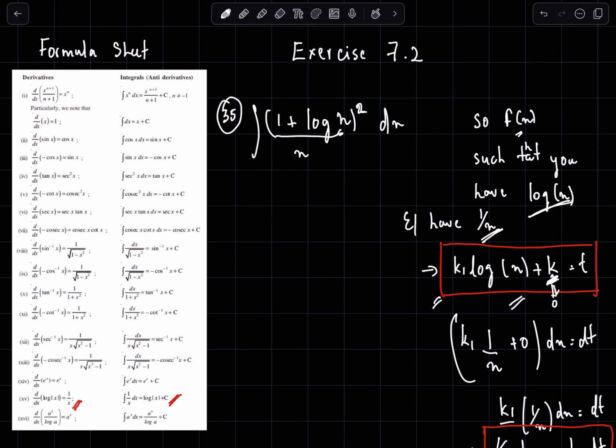Okay, let's do this. 1 plus log x is equal to t. 1 over x dx is equal to dt. Right? Got these two equations.